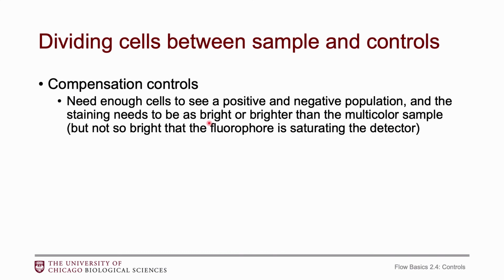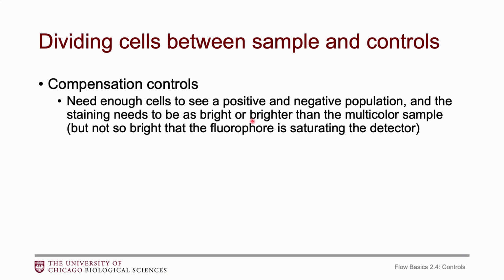So the factors, if you think back about how the staining protocol affects your results, you might end up with a dimmer control if you have fewer cells. Again, it's probably less likely, but it's still a possibility.